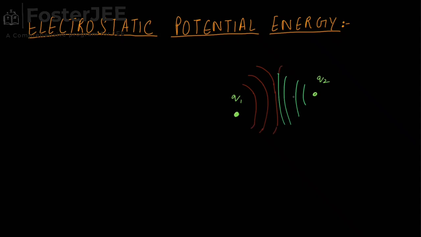So, just to show, I'm showing only a few electric field lines. Let's suppose they have some distance r between them. So, we know that both charges will interact with each other. That is, one will exert force on another and vice versa.